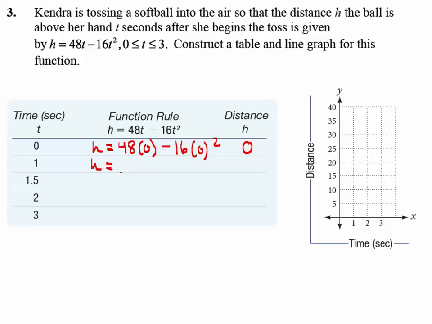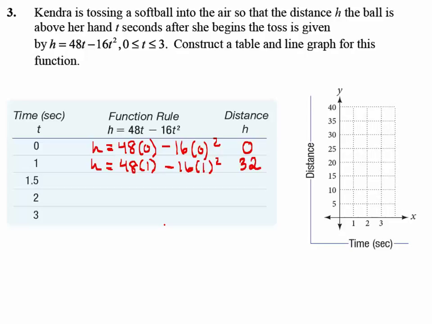I heard 32, yep, I think so. 48 times 1, subtract 16 times 1 squared, which is 1, so it's still going to be 32. So 32 feet up in the air. Ooh, how fun, 1.5.